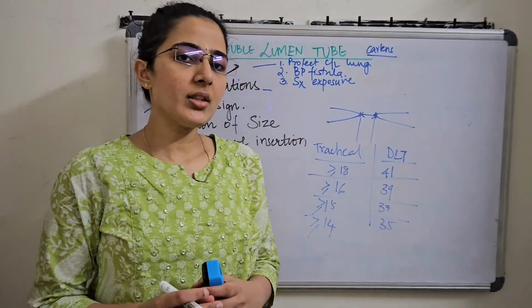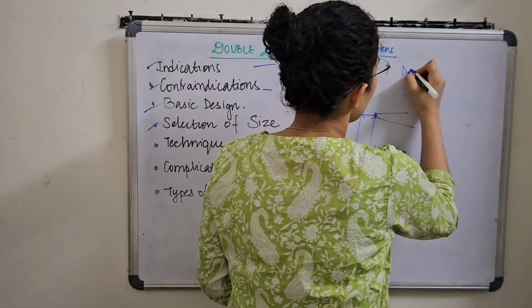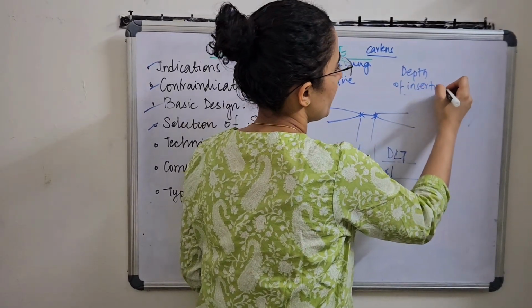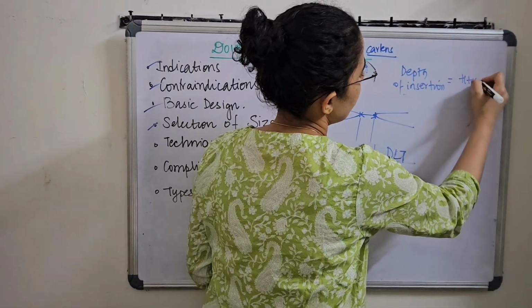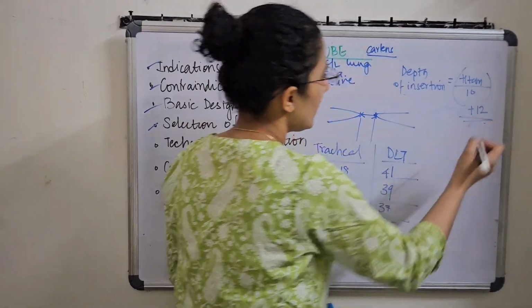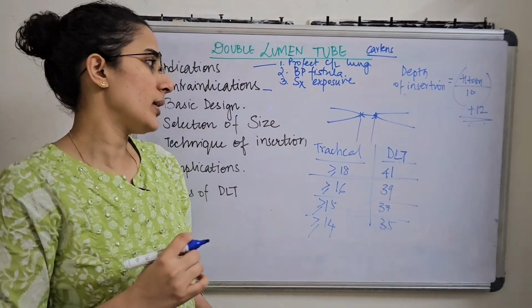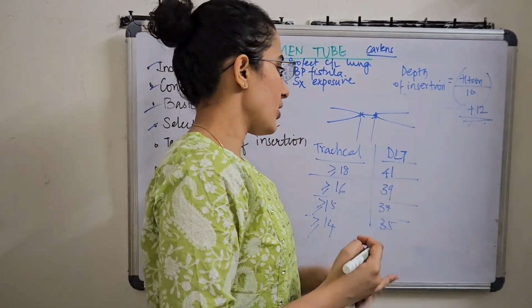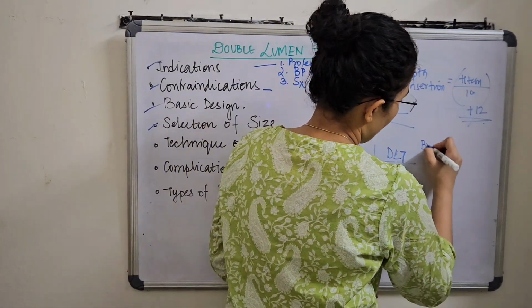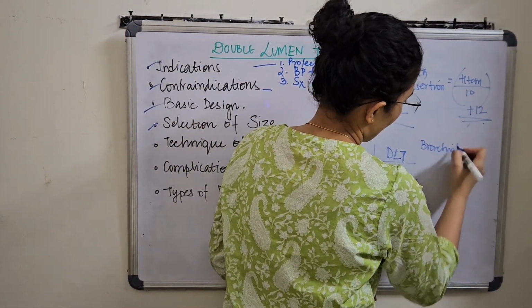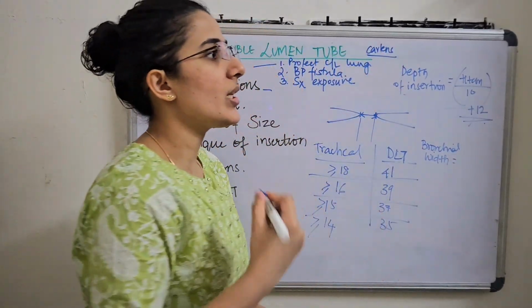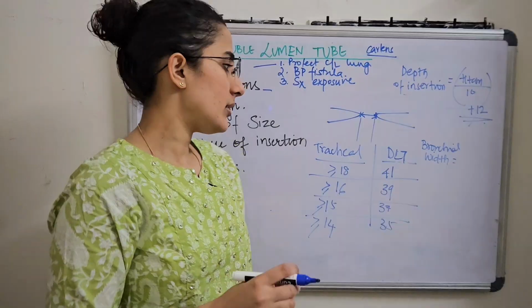One more important thing we should know is the depth of insertion of the double lumen tube. The depth of insertion will be height in centimeter divided by 10 plus 12. One more thing you should know is the bronchial width, based on which, through the CT scan, we identify the size of the DLT.